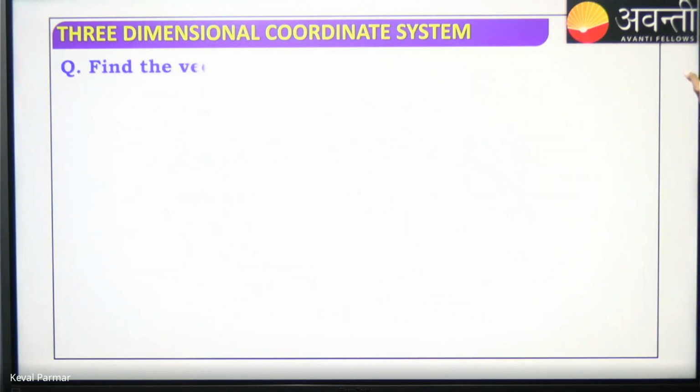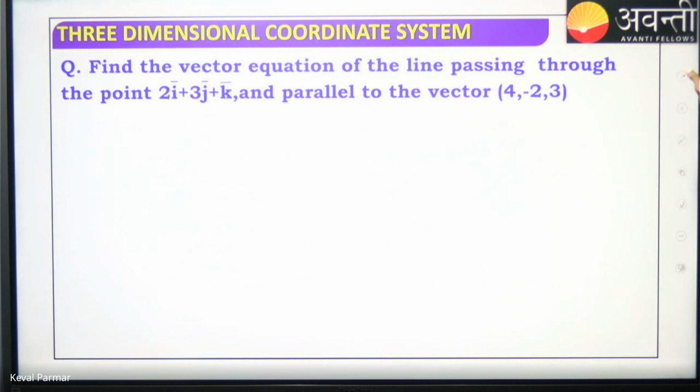Let's see the next question. Yeah, now we are doing questions. Oh, sorry. So I'll give you a minute to try. Come on. The time starts now. These are very simple questions. We have to find the vector equation.